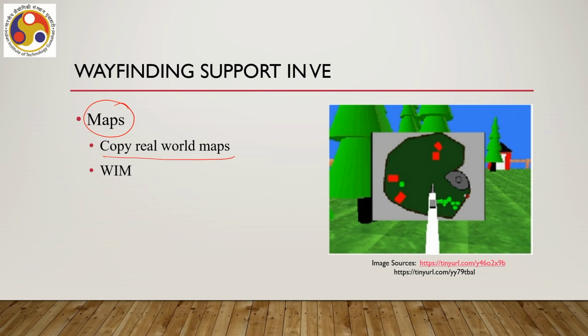It can be a copy of the world map. In fact, here the term world refers to the virtual world, not the real world, or it can be a world in miniature. For example, here it shows a world in miniature type of wayfinding support, which shows the entire world with the objects located at different points, and it can also show the user's current position and different ways to reach different points, many things.